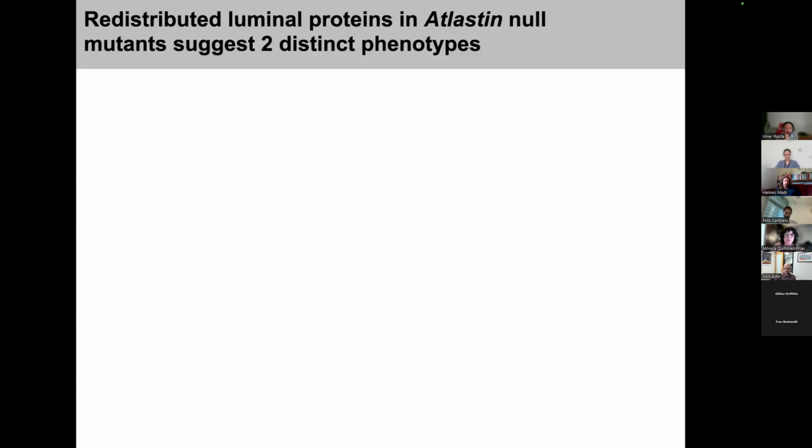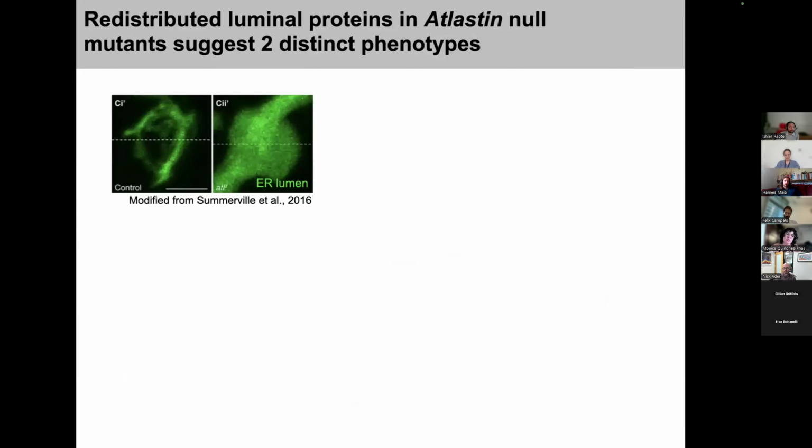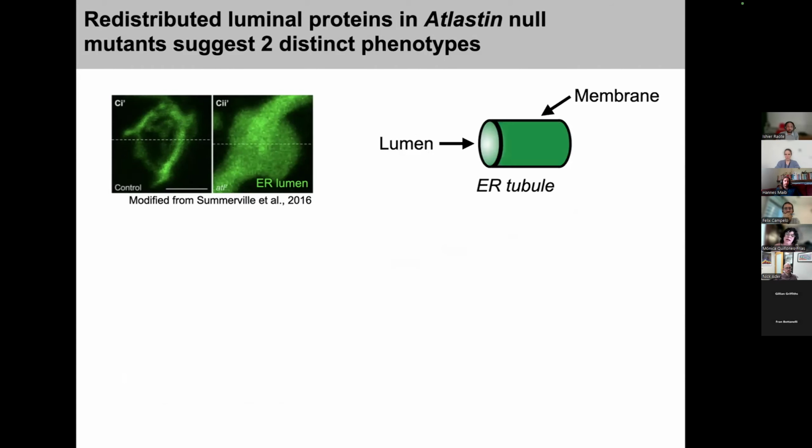As I mentioned before, this previous group made the observation that presynaptic terminals of Drosophila Atlastin mutants had this diffuse labeling pattern. But when I started this project, I was thinking that we should also look at the membrane, because the ER is a hollow tube, right? And so we could visualize both the membrane and the lumen.